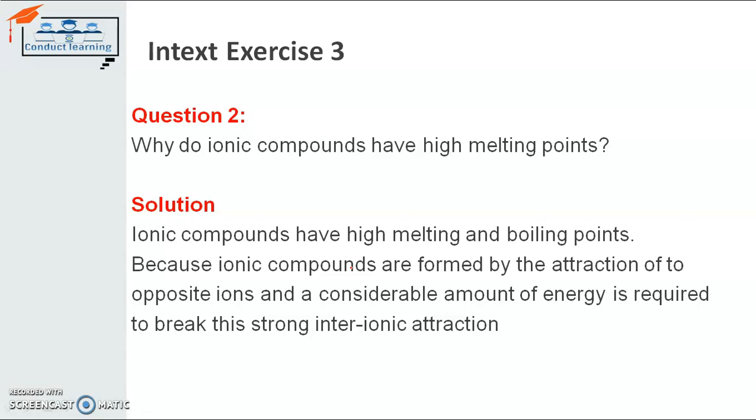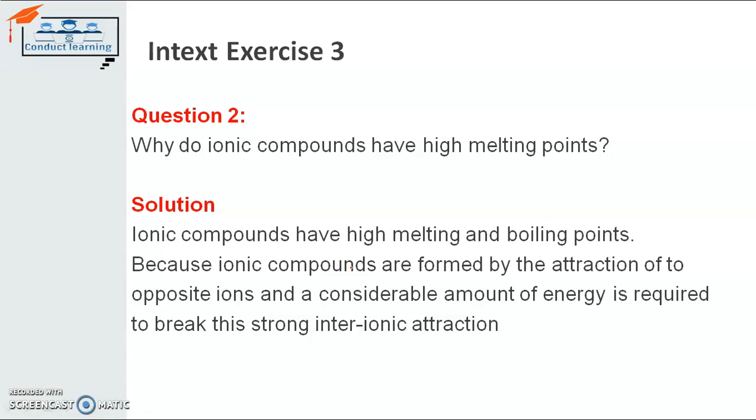The next question is, why do ionic compounds have a high melting point? As we already discussed in the previous question, the electron sharing happens between the elements in what are called ionic compounds. Because they are ionic compounds, they have ions, they have charges on them.